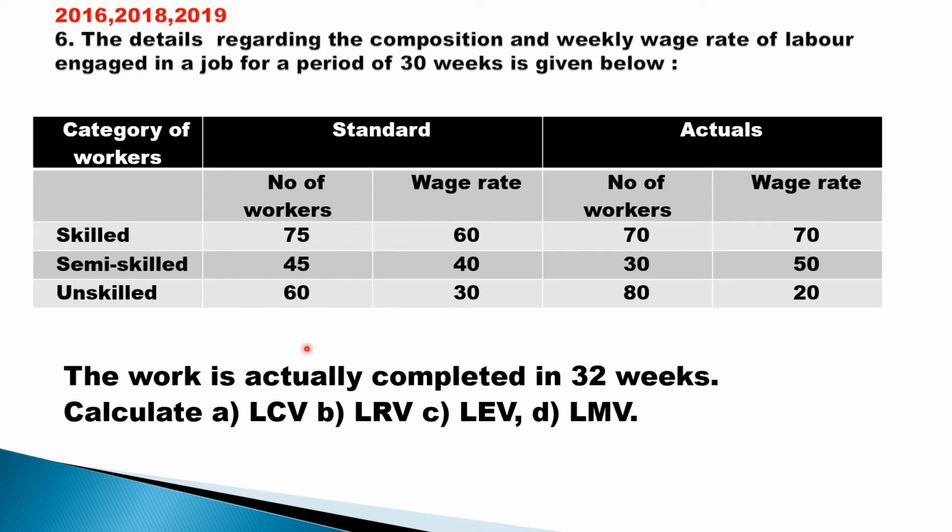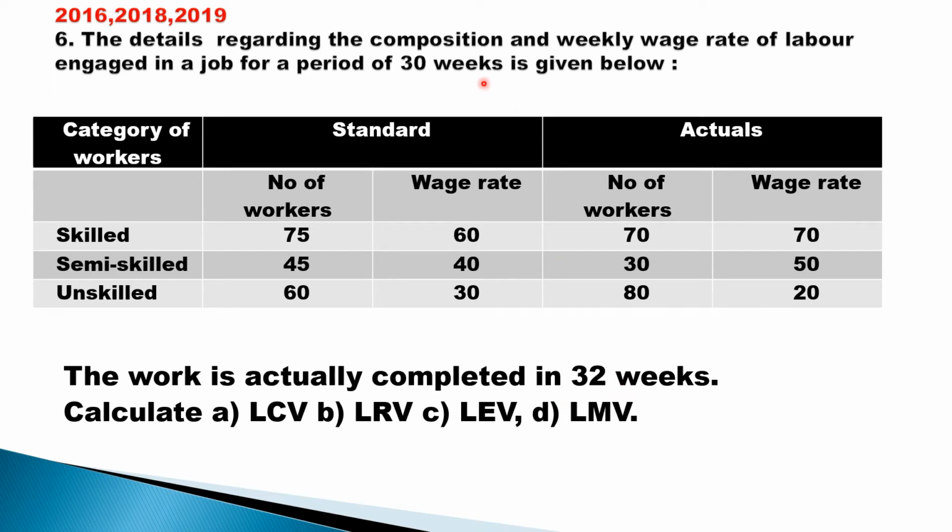So students, they are asking you to calculate labor cost variance, labor rate variance, labor efficiency variance, and labor mix variance. Labor mix variance is applicable when there is a mixture of workers like skilled worker, semi-skilled worker, and unskilled worker. The work is actually completed in 32 weeks.